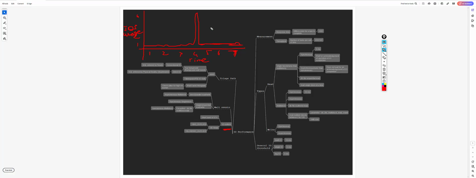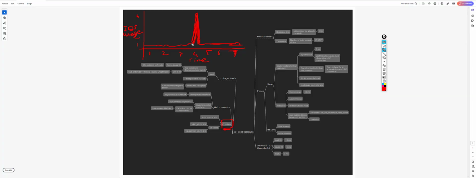Okay, so in this case, when we calculate the average or cumulative data, this particular spike will be hidden, or it will not be visible when we check an overall report or average report.